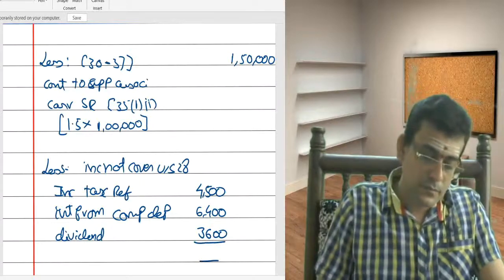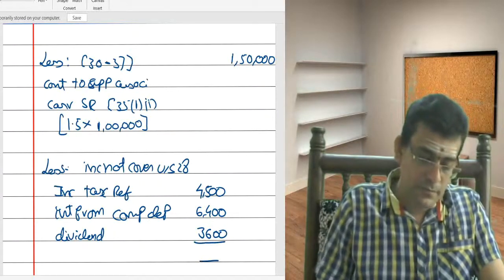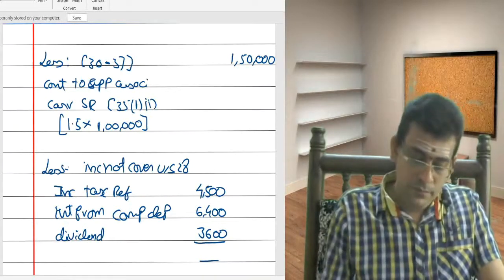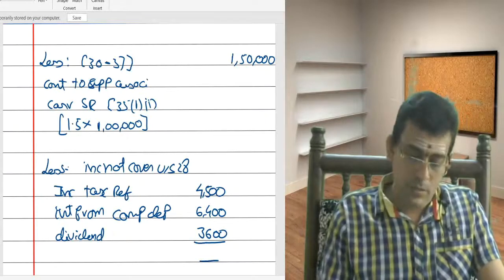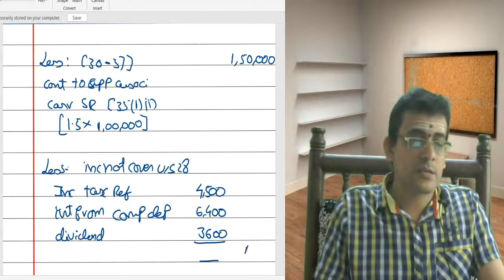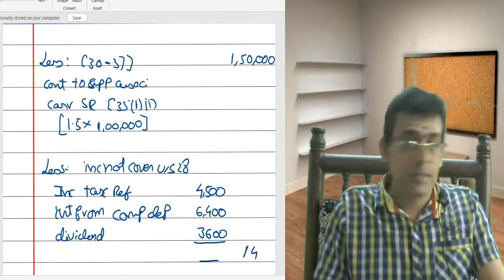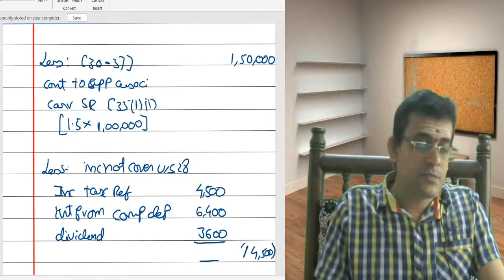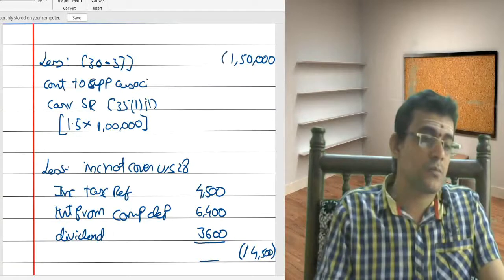So what is the total? Let us see. 4,500 plus 6,400 plus 3,600, that is going to give you 14,500. So I need to consider this here as 14,500. Now for our convenience, let us put this in bracket. Let us also put this in bracket.